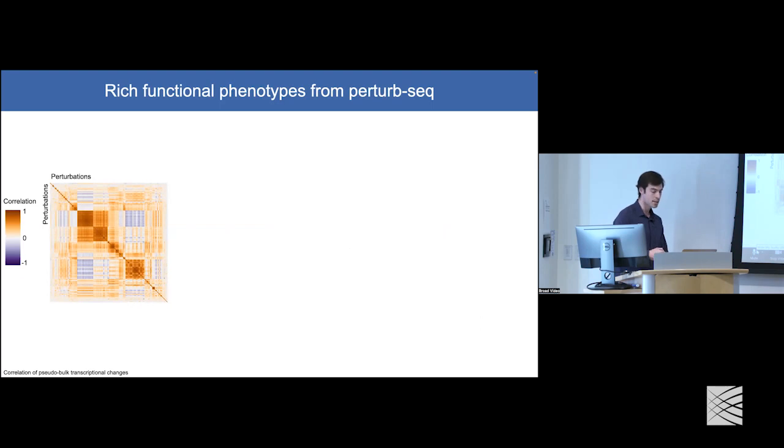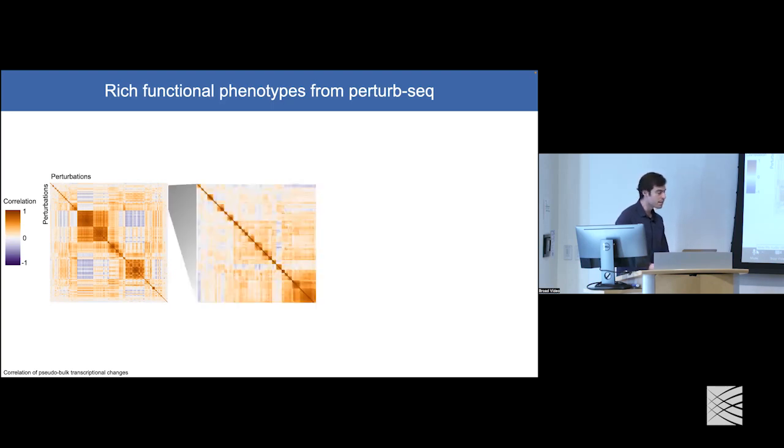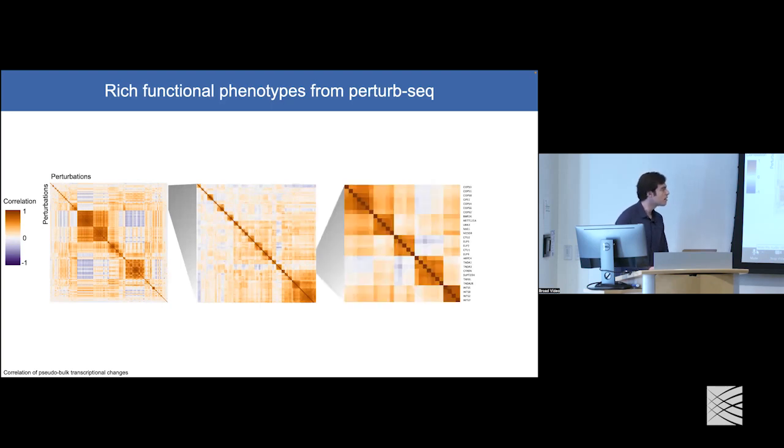Here I'm showing it as a cluster map. And what's really fun to do is you can look along the diagonal of this cluster map, and you can keep zooming in and see a tremendous amount of structure in these data.